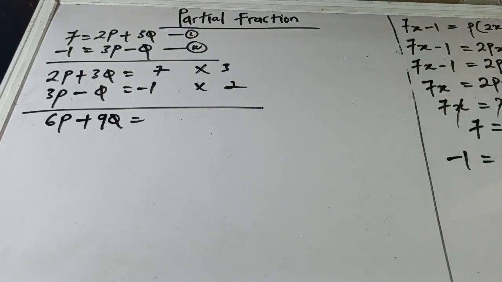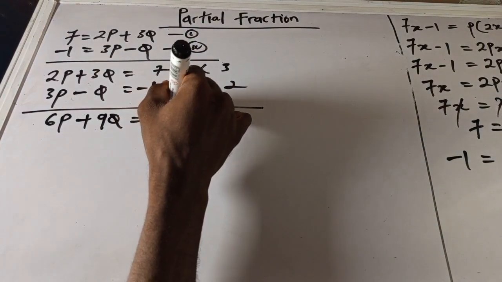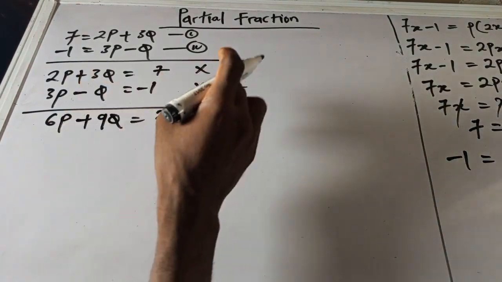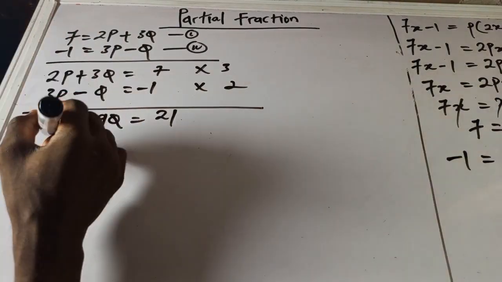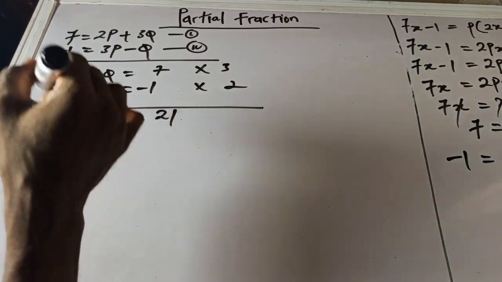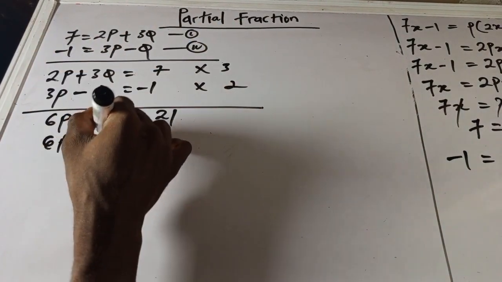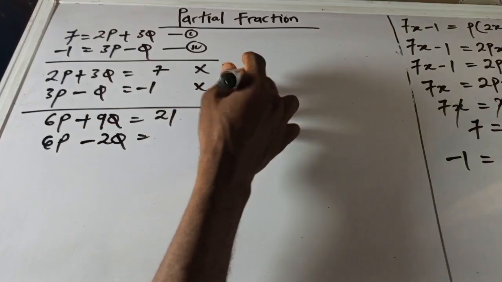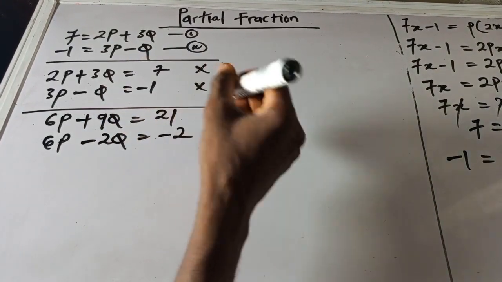We have 7 times 3 of 21. Right, so we have 2 times 3, we have 6p. We have 2 times this, we have -2q. We have 2 times this, we have -2.